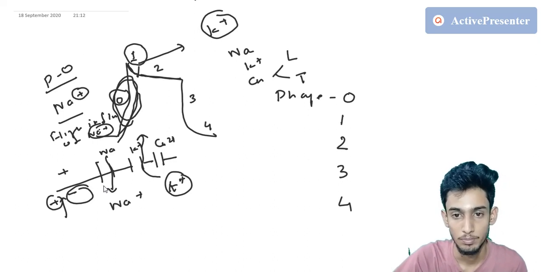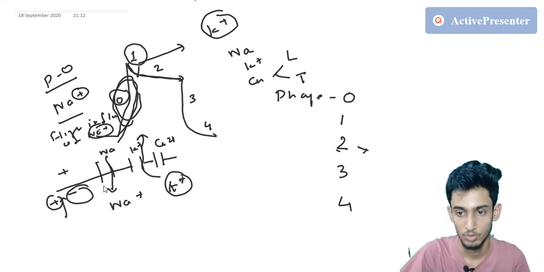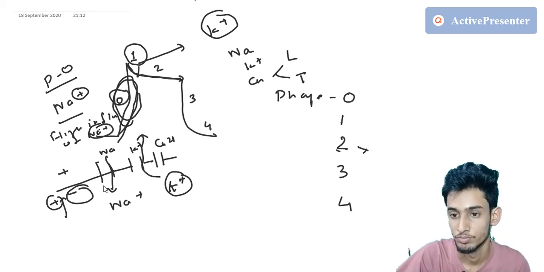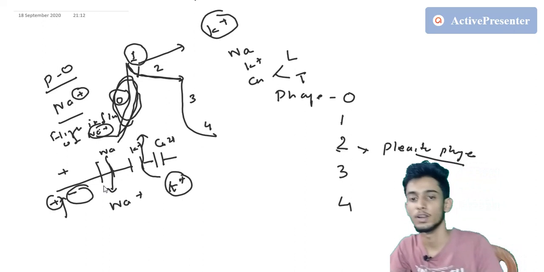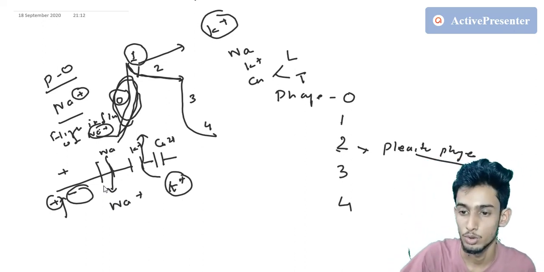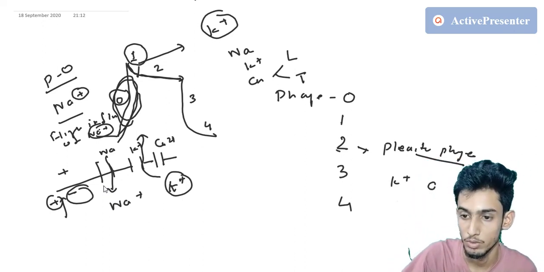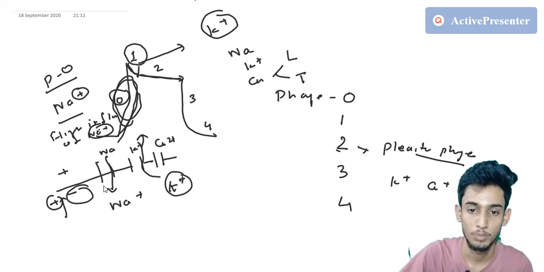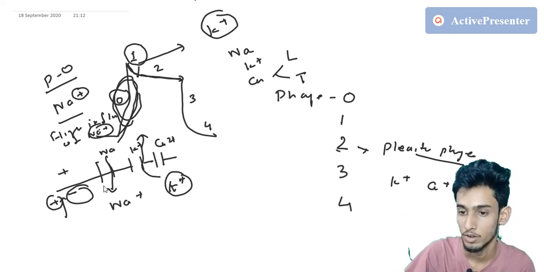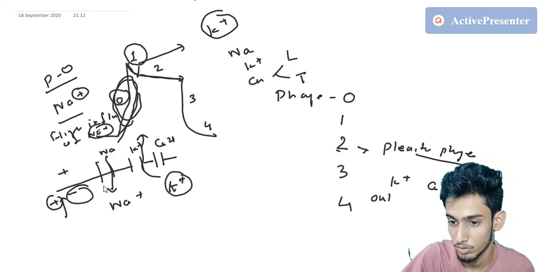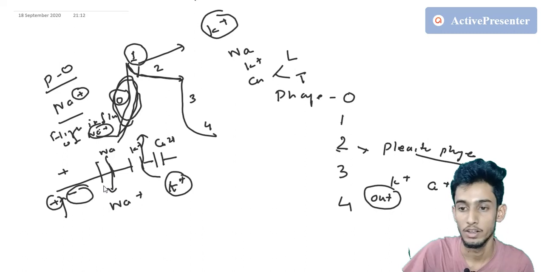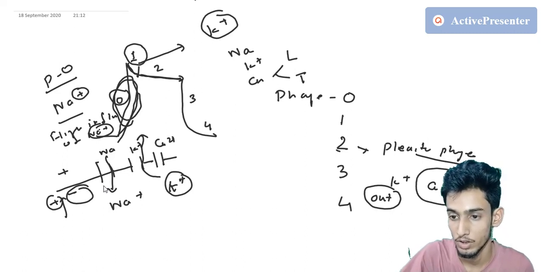Then there is a plateau phase, phase 2. This is the plateau phase. What happens in the plateau phase is there are two ions responsible for that. One is potassium and one is calcium. You can see the potassium is gradually going out from the cell. And there is a sudden opening of calcium.